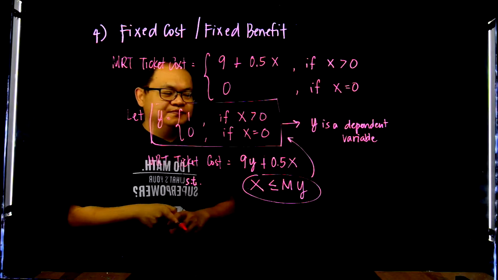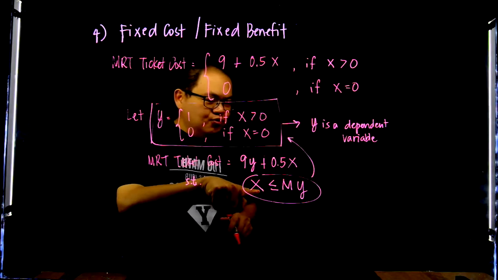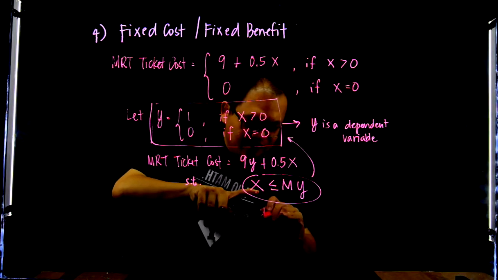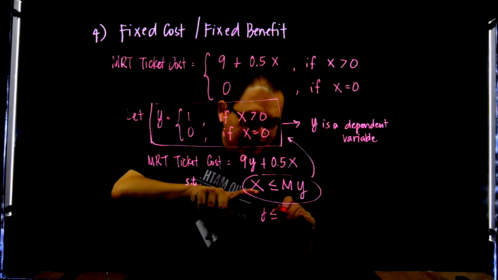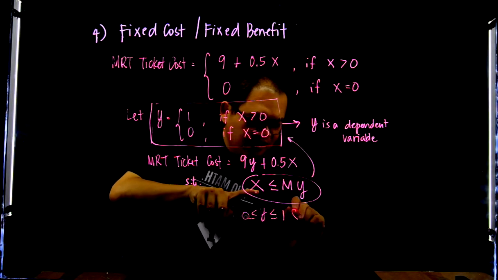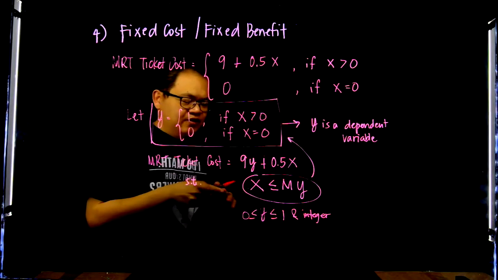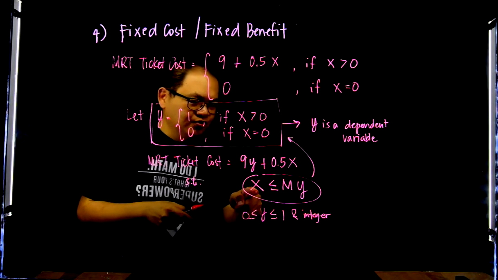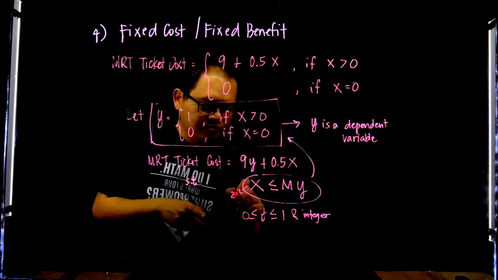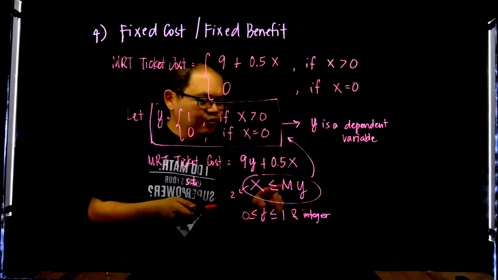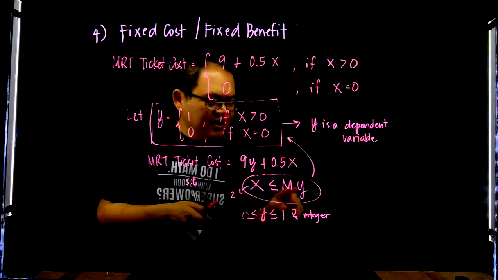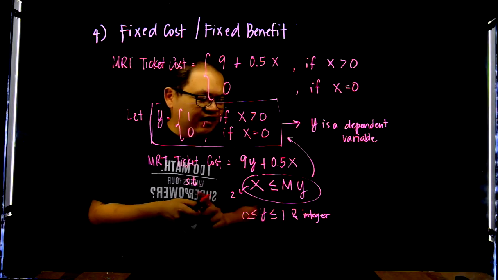Let's say if x is equal to 2, and remember, we have the binary constraint that y is between 1 and 0, and integer. Okay? So if x is equal to 2, what will be the possible values of y so that this constraint is valid?